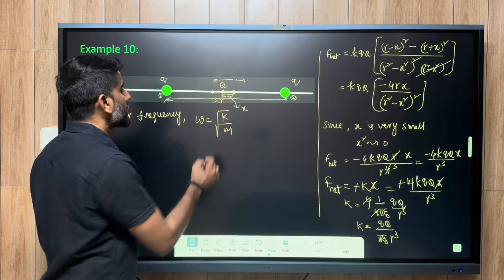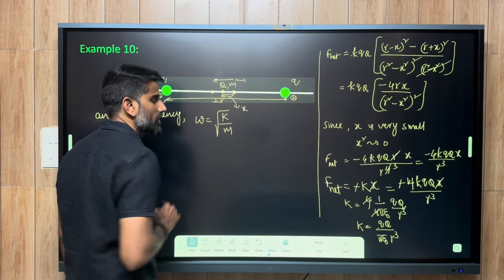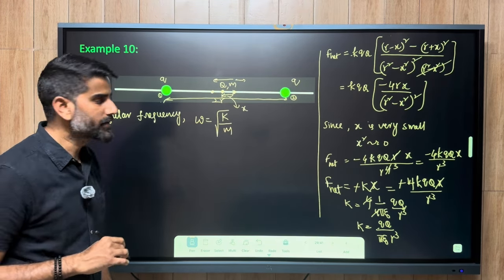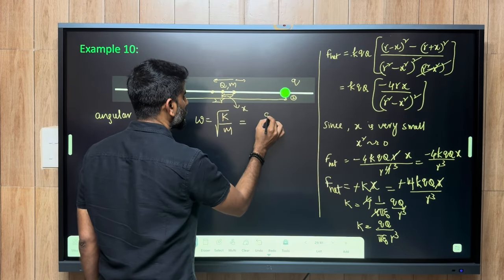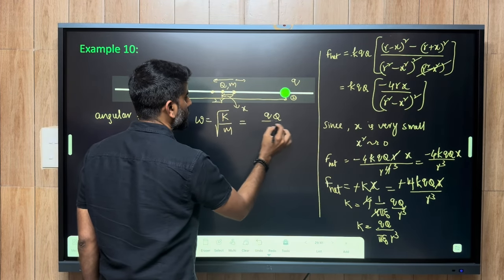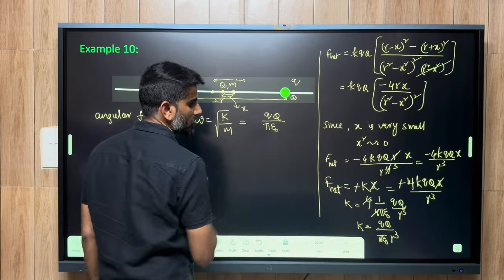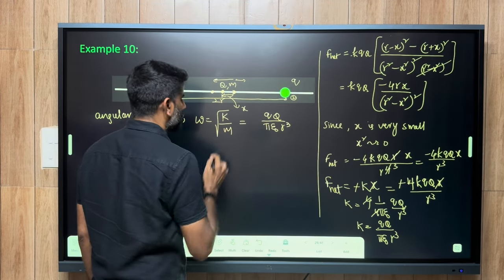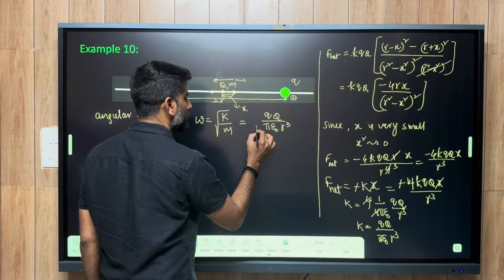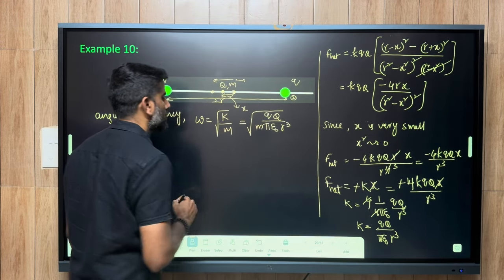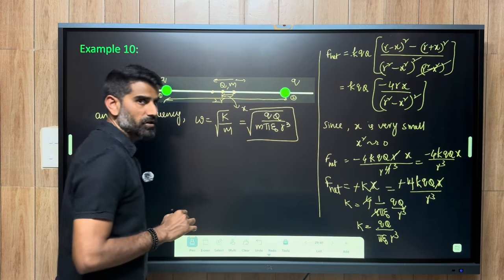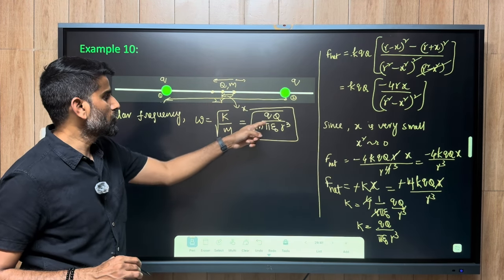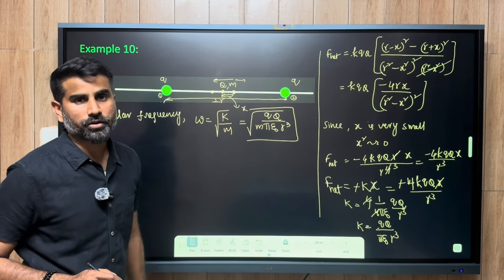I am considering the mass of the third particle as m. Then omega is equal to, k is nothing but q Q by pi epsilon naught r cube, divided by m. So omega we have derived as root over q Q by m pi epsilon naught r cube.